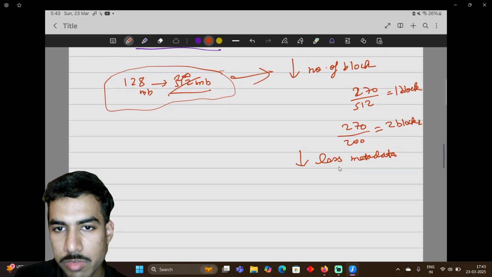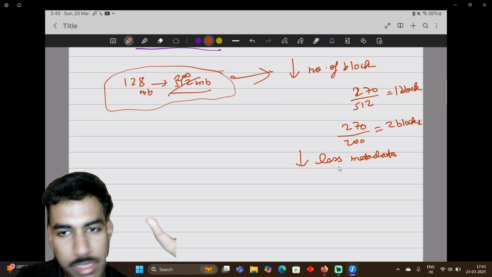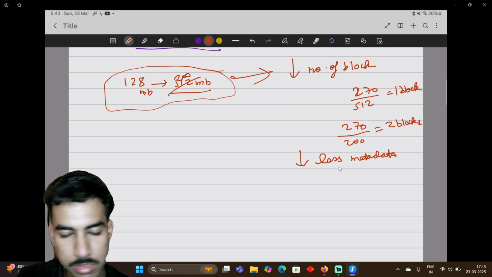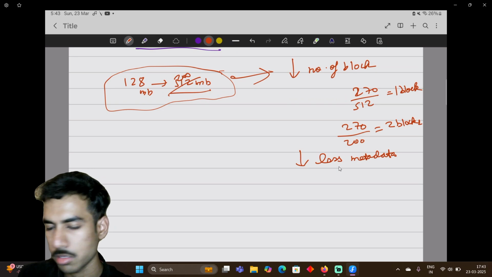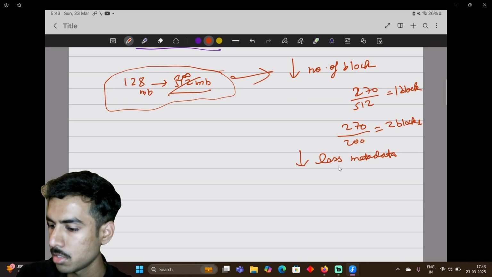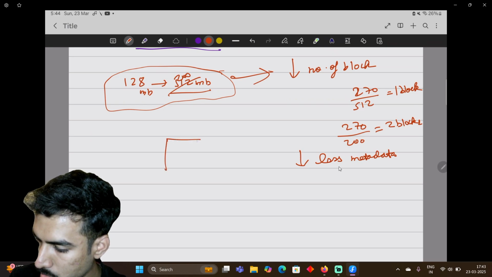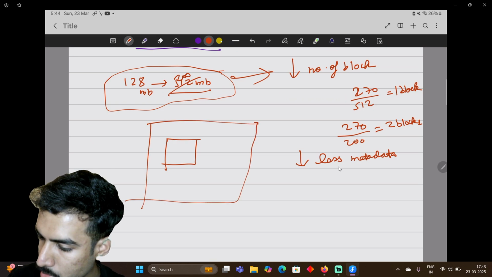So yes, it will reduce the load for the name node and for the CPU to give more resources to the processes. Yes, there will be fewer parallel processes running. But the thing is, now you have larger size blocks inside your data node.